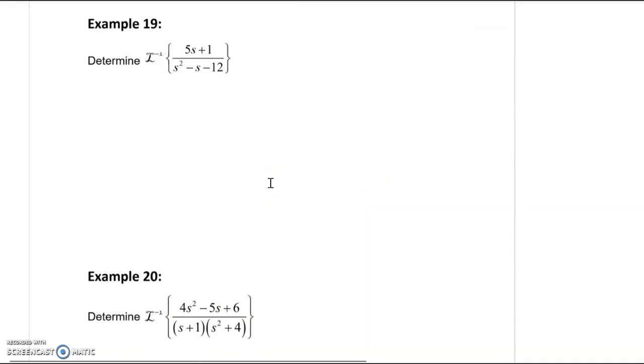You are given the inverse of 5s plus 1 over s squared minus s minus 12. You can see the denominator is quadratic, so you need to check whether this can be written in the form of bracket times bracket. If it is possible, proceed with the partial fraction. Otherwise, do the completing the square.